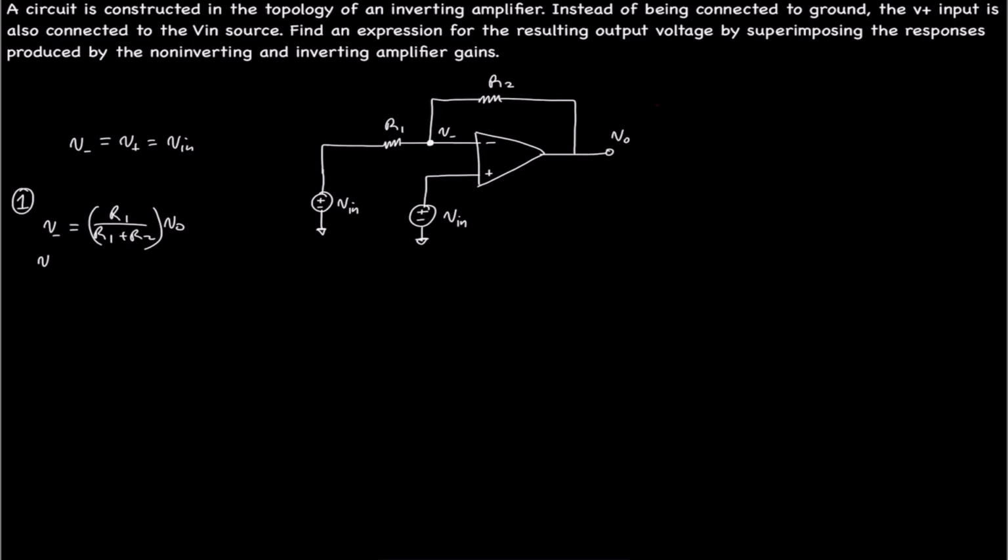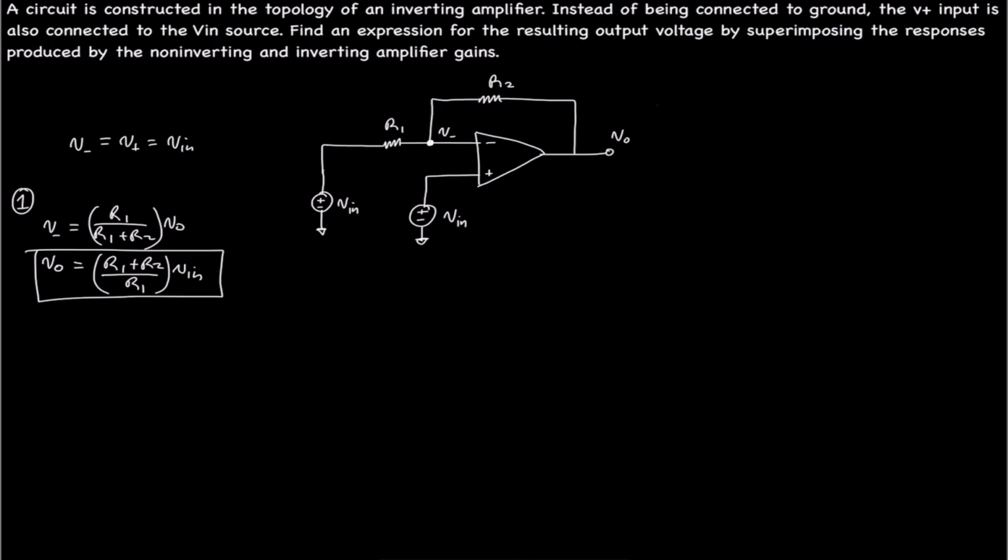So V minus changes to V in. Then finding V out, V out is equal to R1 plus R2 divided by R1 times V in. So that is the output voltage for the non-inverting case.